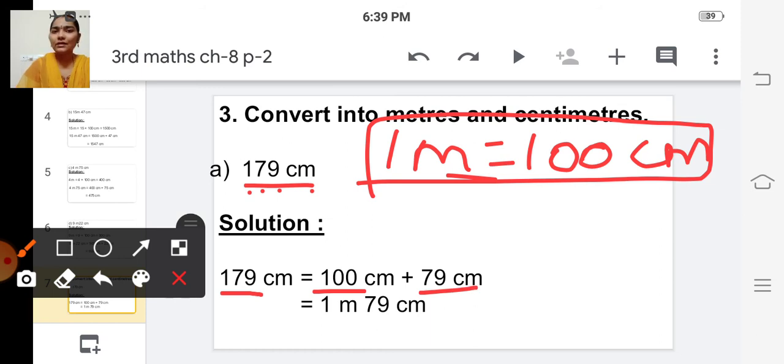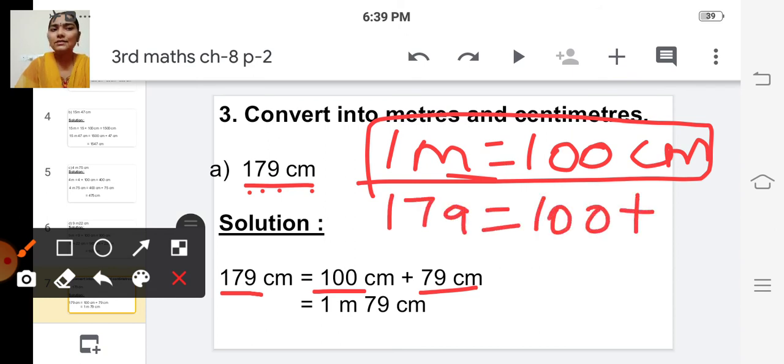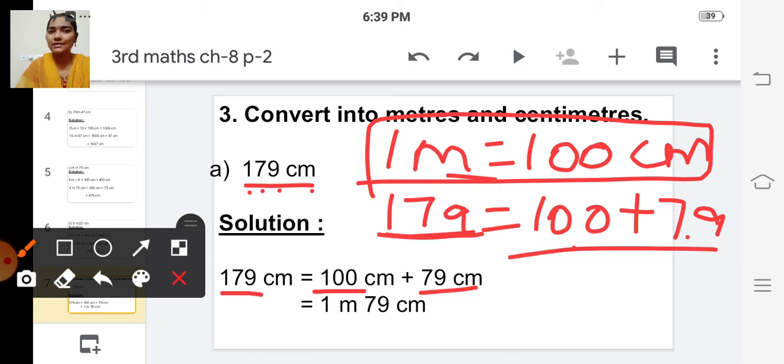Like that we can write, right? 100 plus 79 is equal to 179, right? So 179 centimeter is equal to 100 centimeter plus 79 centimeter.